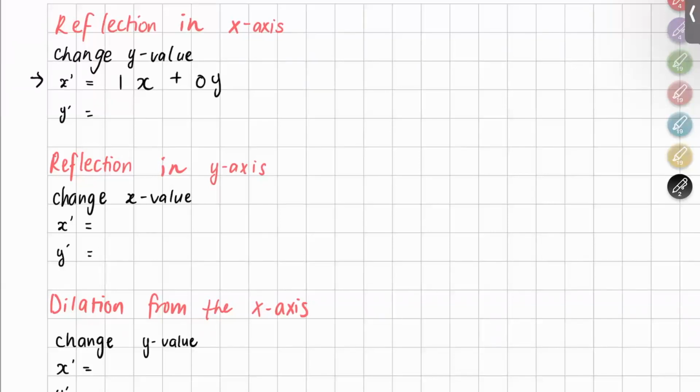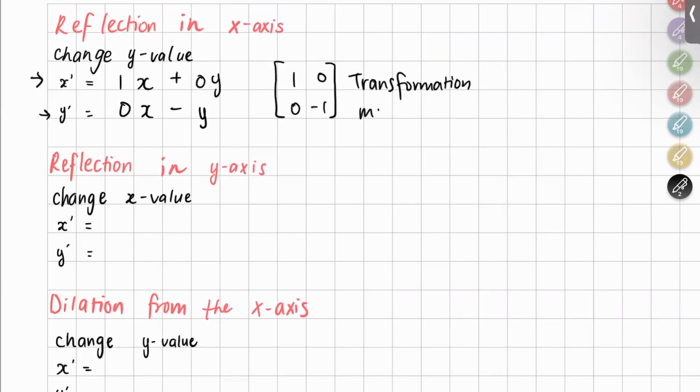Now, reflection in the x-axis, we know that once again, you're negating the y value, so that becomes negative y. And since we're only dealing with the y coordinate, it's 0x. So now I can write the matrix as 1, 0, 0, negative 1. And this is our transformation matrix for a reflection in the x-axis.